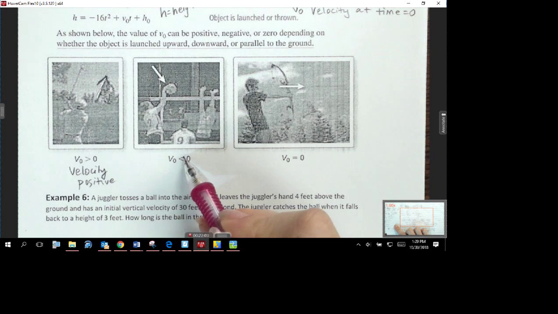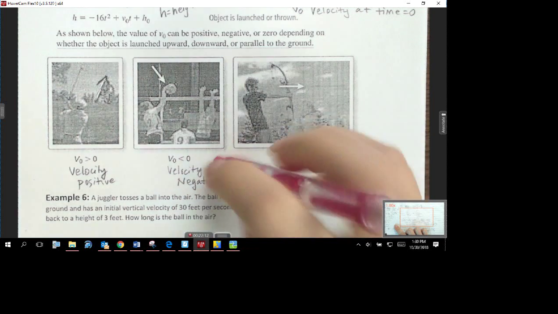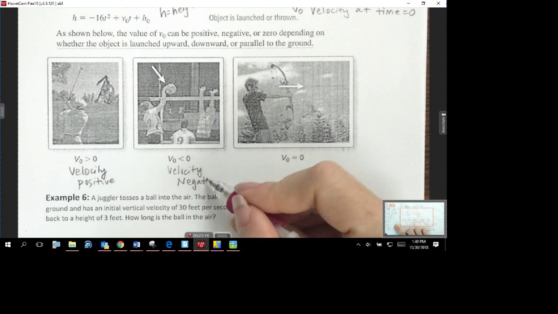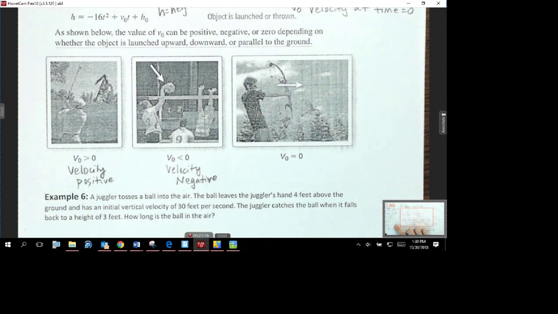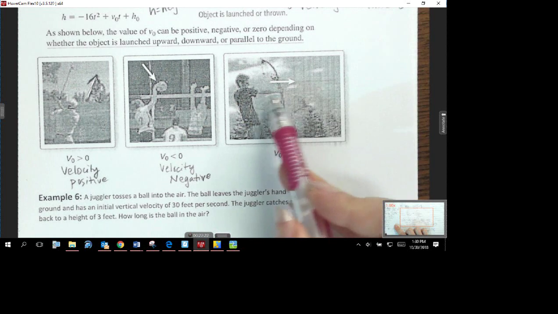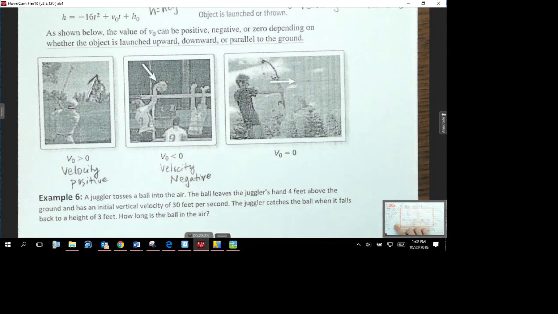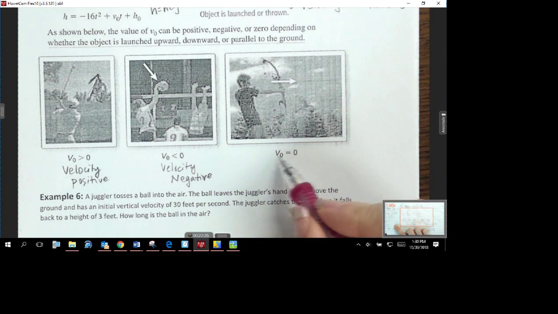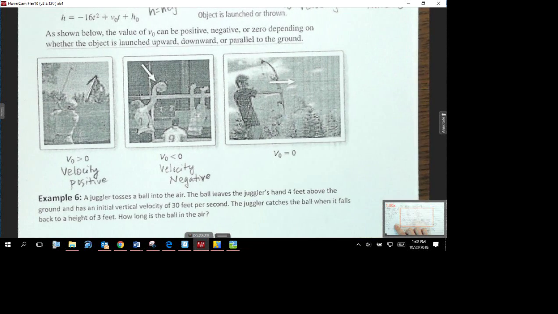If the velocity is less than 0, if the velocity is negative, then the object is going down. This picture is somebody spiking a volleyball, so the object is being hit down. And in this picture, somebody's using archery to shoot an arrow. So the velocity would equal 0, and it would just be let go. Okay?